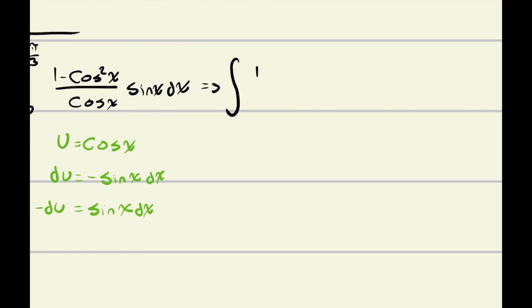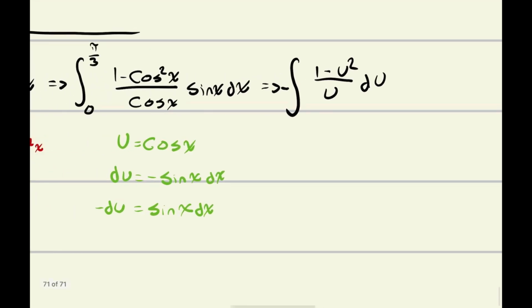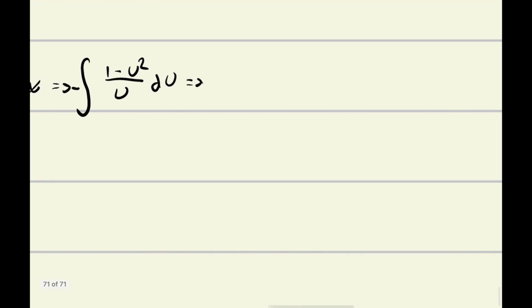But we'll have 1 minus u squared over u du, and there will be a negative out front because of this. Now we can separate the fraction by splitting up the denominator, which gives us the negative integral of 1 over u minus u du.